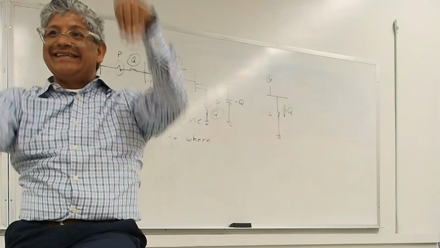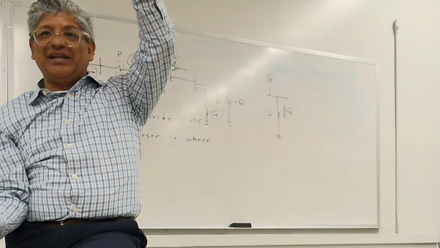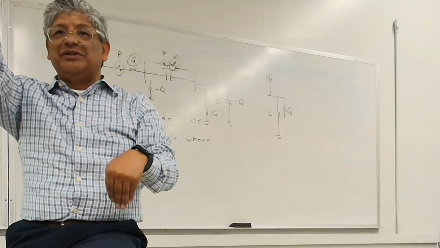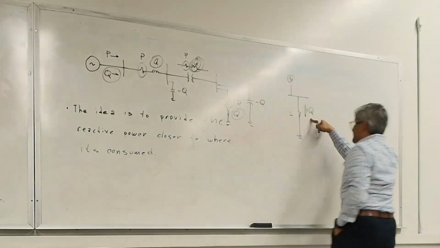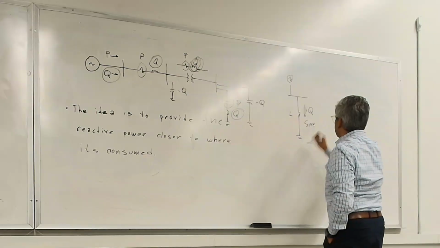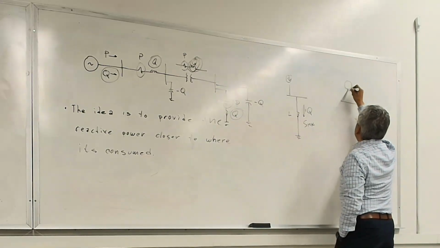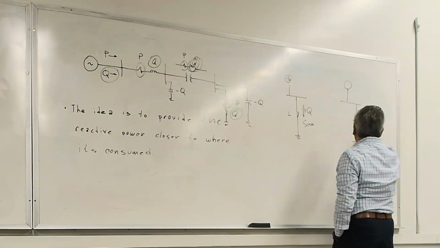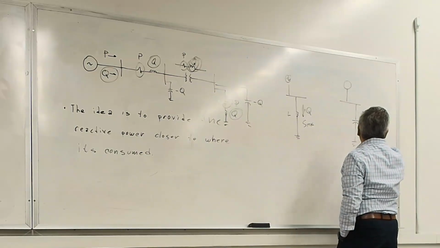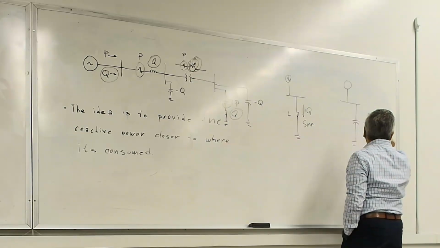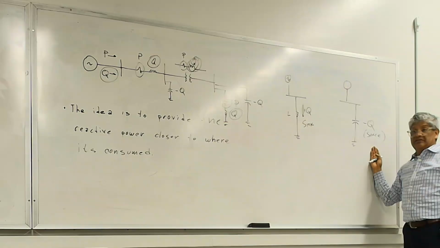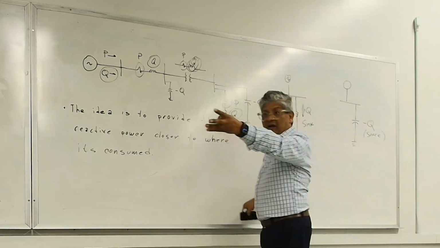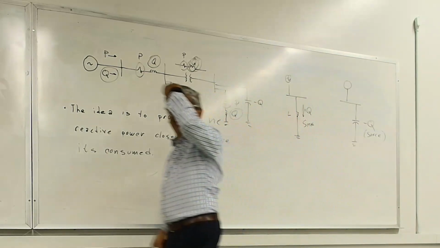But to analyze the system, I'm going to say that L is a sink of vars, and Q, the capacitor, is a source of vars. So this one absorbs vars, this one produces vars. Make sense, everybody? Good with that?